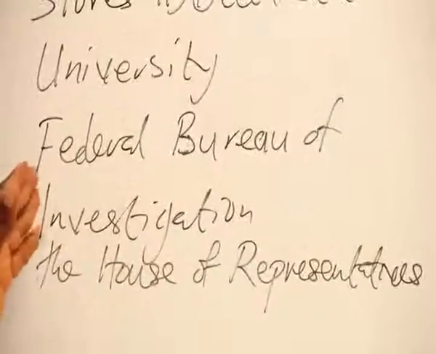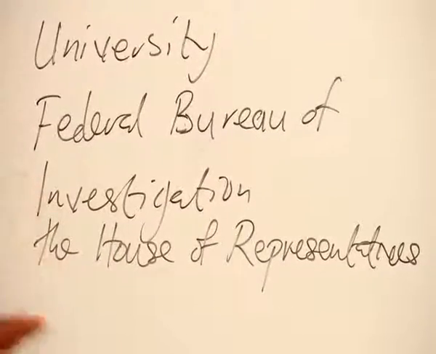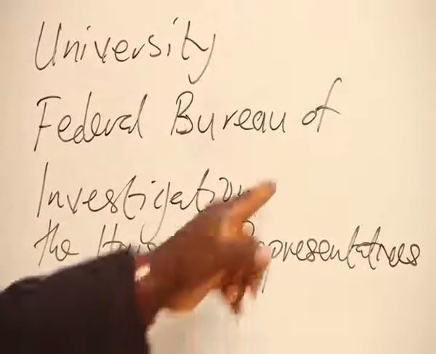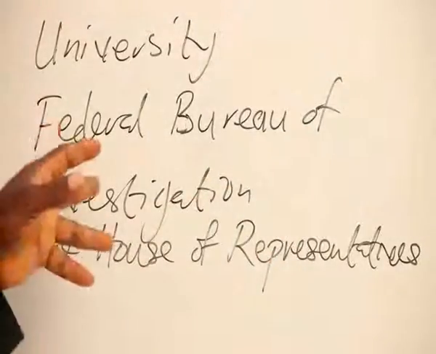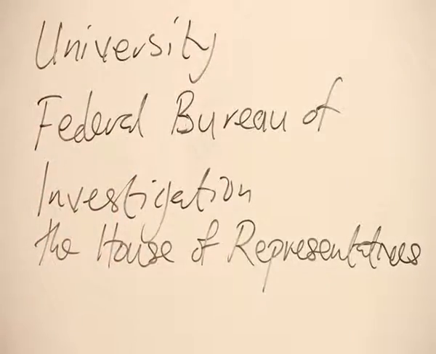All others, Federal, Bureau, Investigation, are beginning with capital letters. But "of" is not, because it's not an important word like Federal, Bureau, Investigation. So you want to note that.